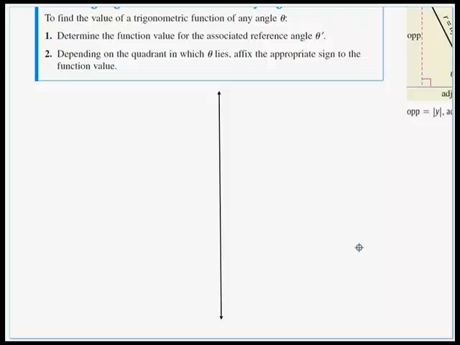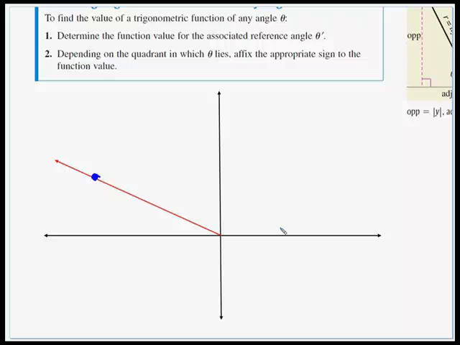If I have my x y axis, and let's just say our angle wound up over here in the second quadrant. So here is our angle, theta. And let's say that theta is 150 degrees. So the reference angle, that's easy enough to find, the shortest path back to the x-axis, would be 30 degrees.